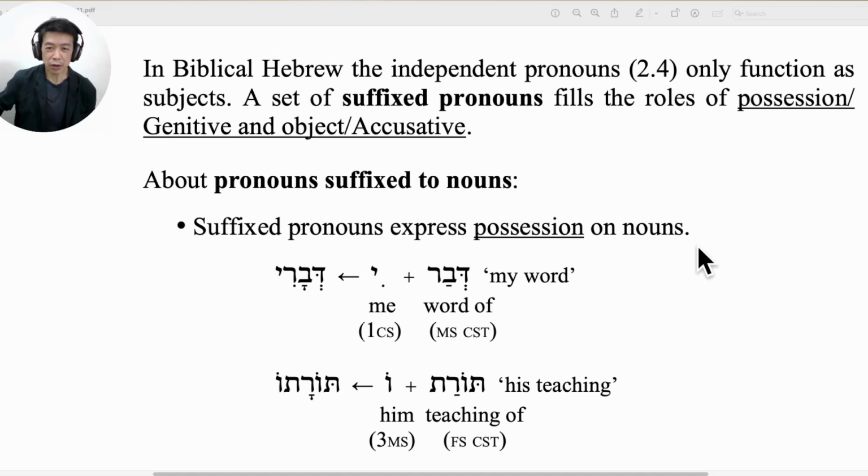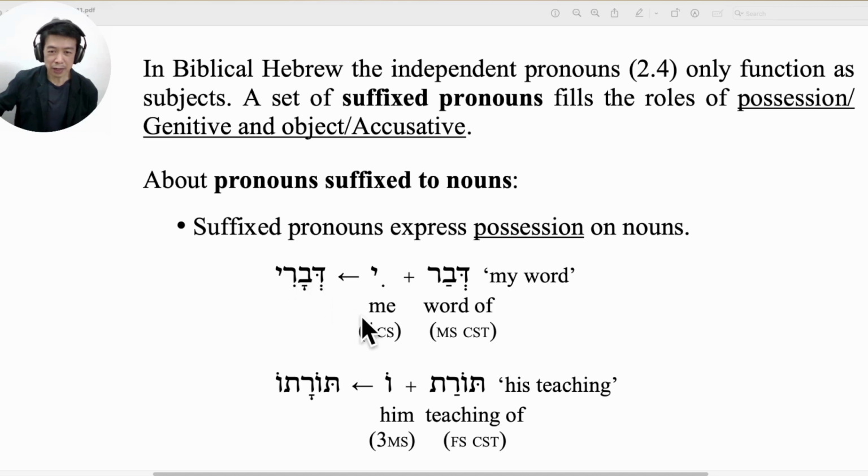For instance, if we read this from right to left, for my word, it would be word of, which is devar, combined with me, which is represented in Hebrew as a Hirik Yod, to become Devari. So this Yod represents my word.